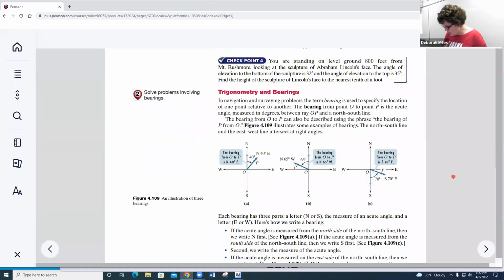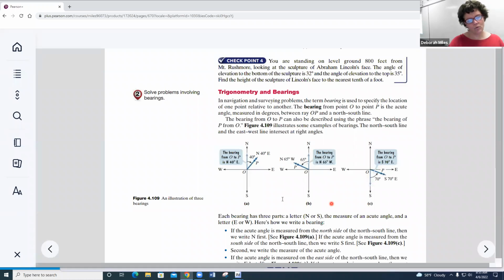That's page 639 in the book. I don't know if you would have had any experience with bearings or not, but bearings are what navigators and surveyors use to describe the location of one point with respect to another.